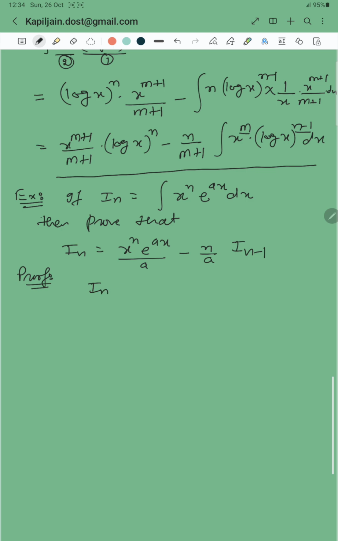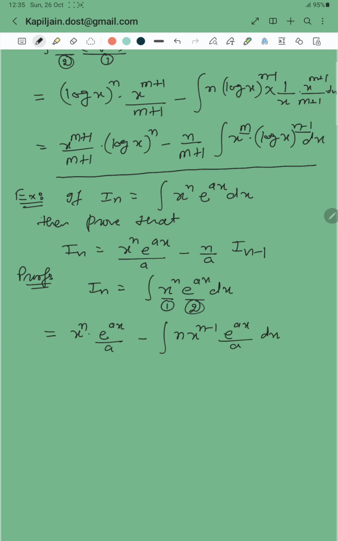Consider the integral I n, which is x raised to power n e raised to power ax dx. We solve this integral again by parts, in which this is the first function and this is the second function. So this is equal to the first function as it is, integral of the second, e raised to power ax by a, minus integral derivative of the first, n x raised to power n minus 1, e raised to power ax by a dx.